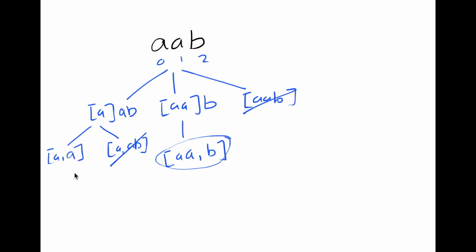A, on the other hand, is a palindrome, so this is a valid solution. We still have 1 more character left, though, before reaching the end. We have the character B. B on its own is a palindrome, so it can be added to the solution. So we have A, A, B, and we've reached the end of the string. So this is another one of the valid partitions.